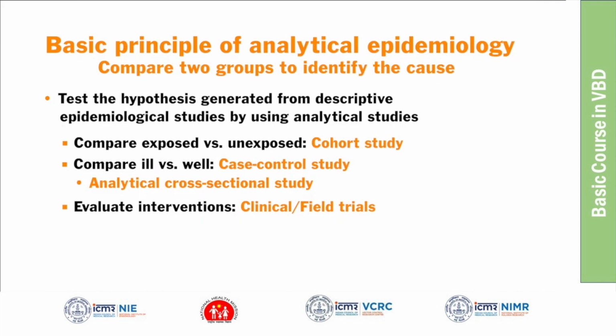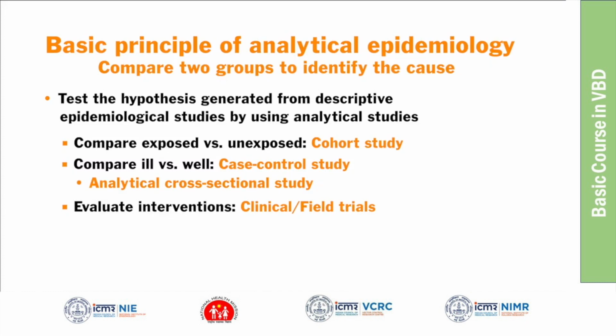Cross-sectional studies, very popularly known as surveys, can also be used to make legitimate comparisons. For example, slum population versus population living in the main area, and then compare, say, awareness about vector breeding habitats.